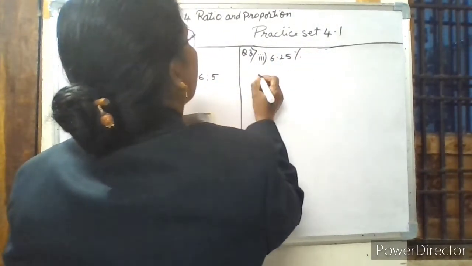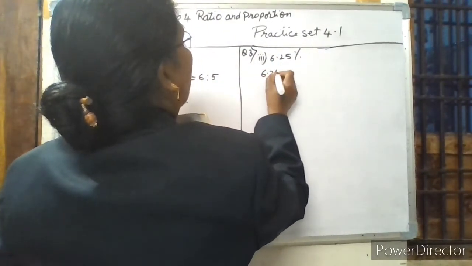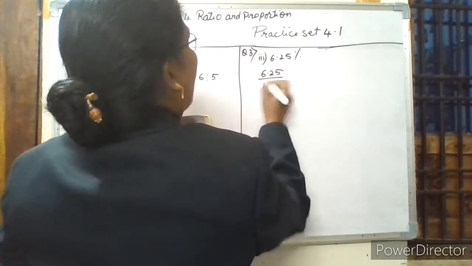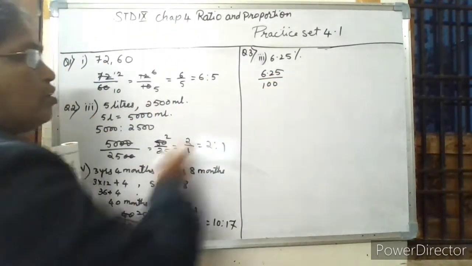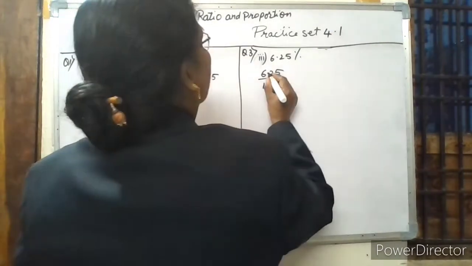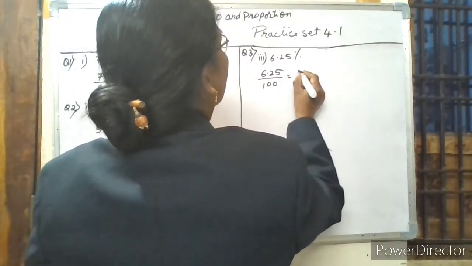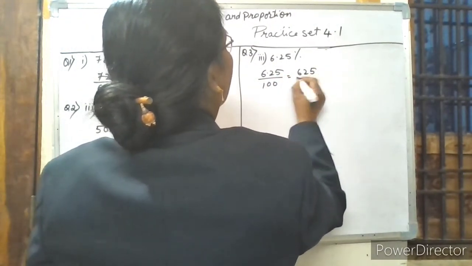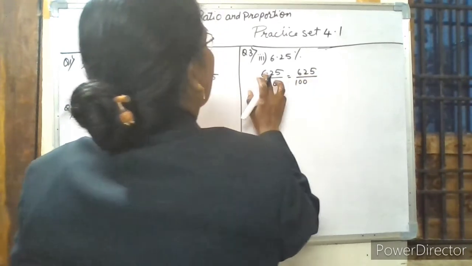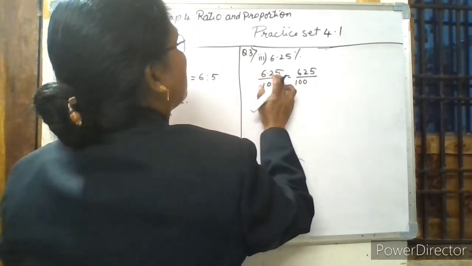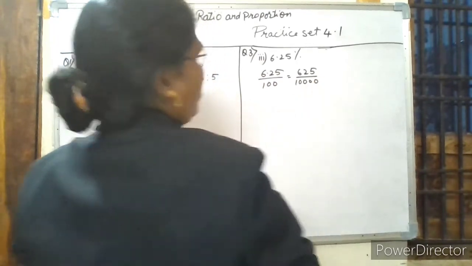That means it can be written as 6.25 by 100. Percentage is always by 100, so the ratio is formed. But we will take out the decimal point so that our work becomes easy. By 100, after taking out, 2 digits are there after the point, so put 2 zeros extra.